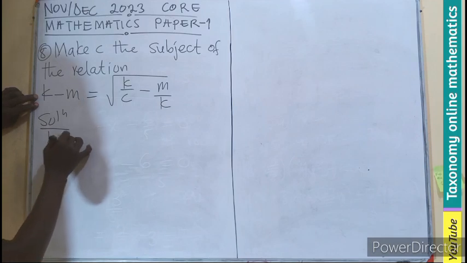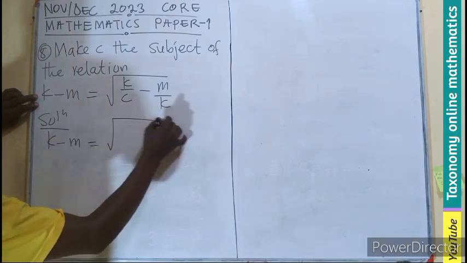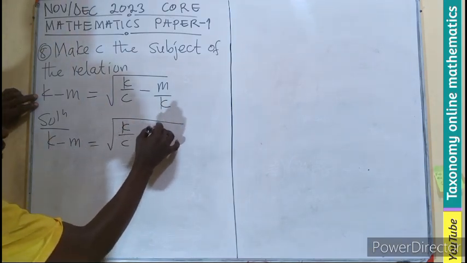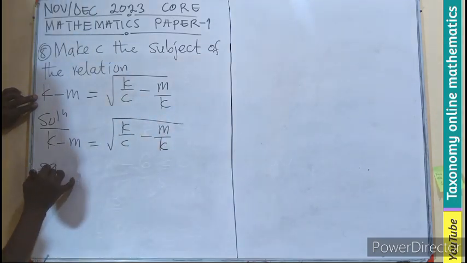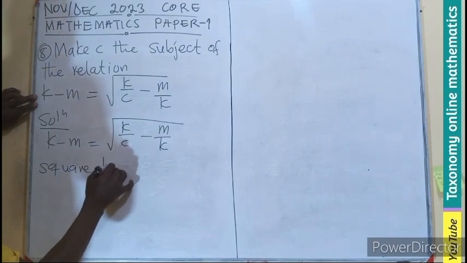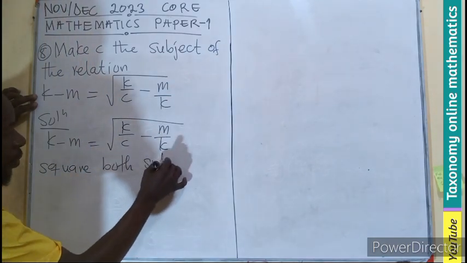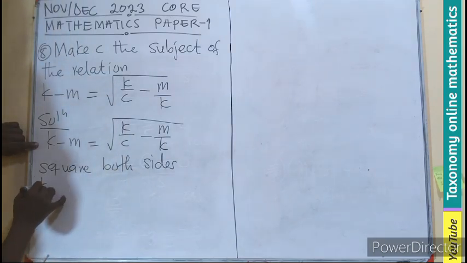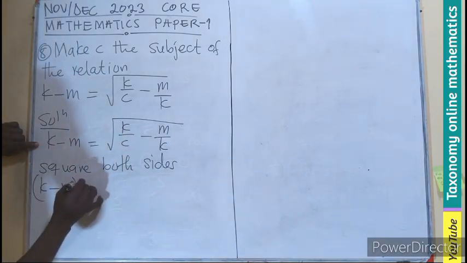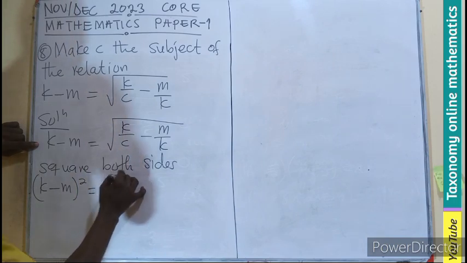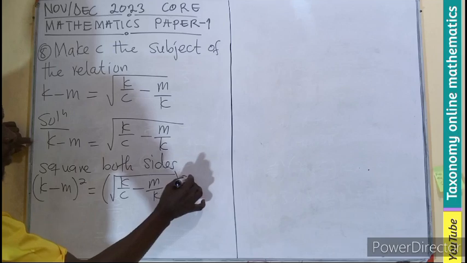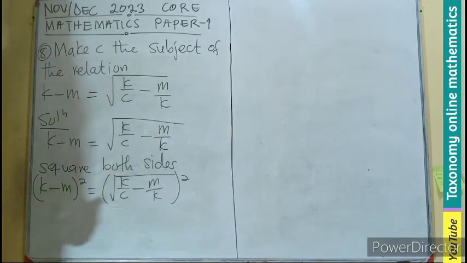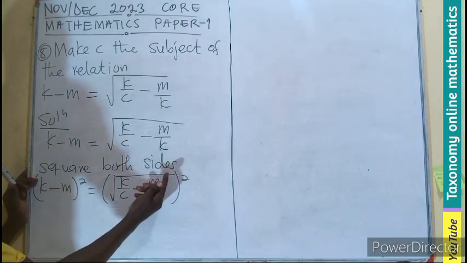Before then, K minus M equals the root of K over C, minus M over K. So squaring both sides gives us K minus M all squared equals the root of K over C, minus M over K, all squared, right? The squaring is what we are looking for because we want to cancel the square root.